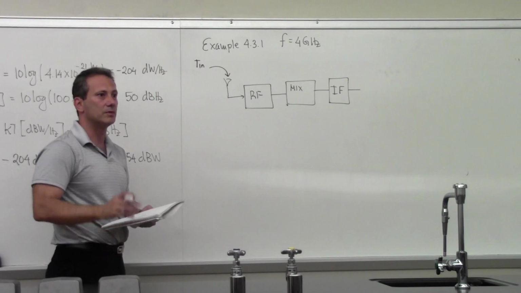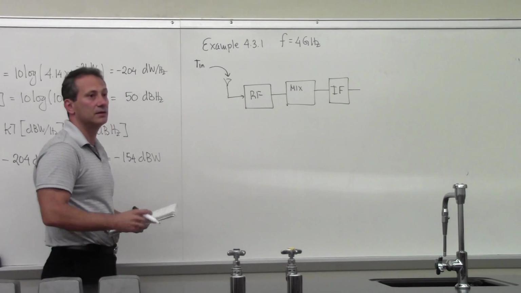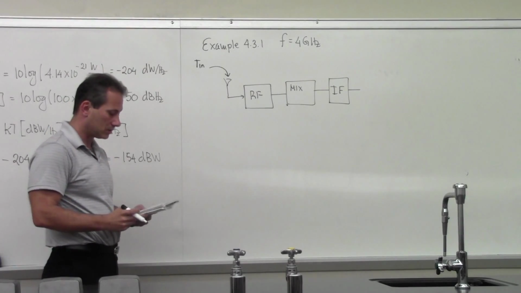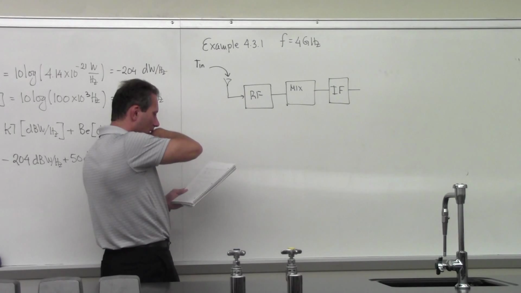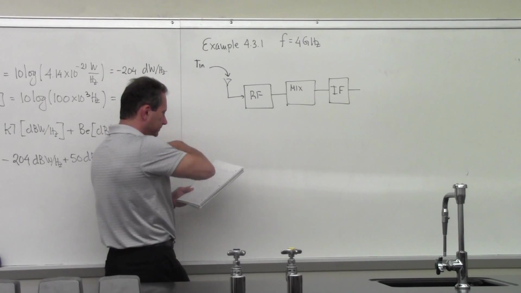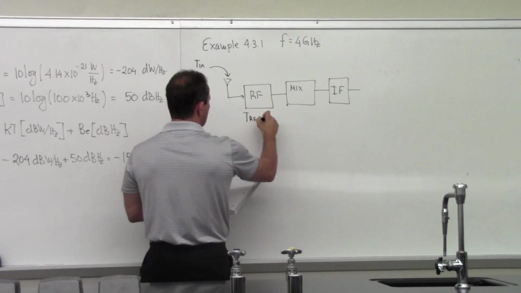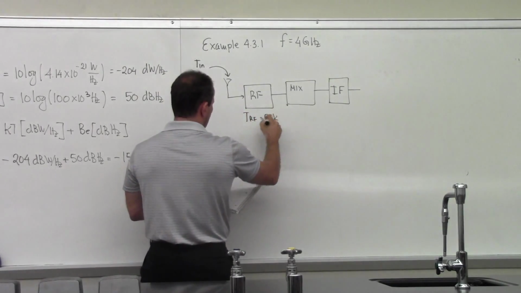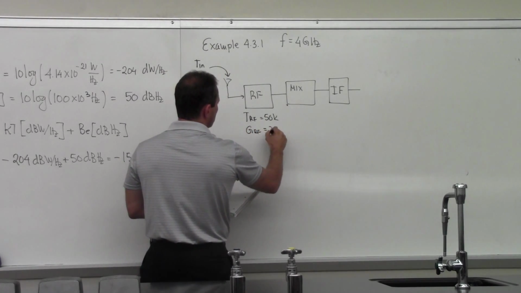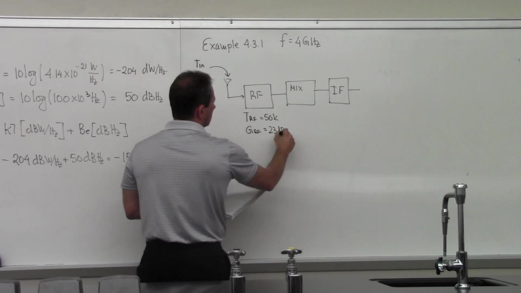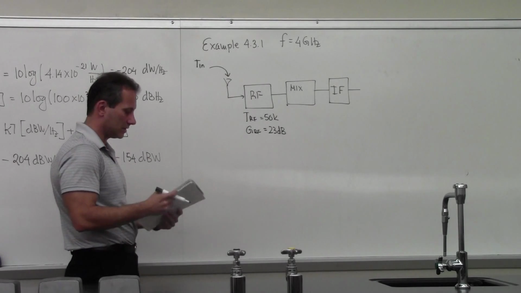That's the temperature of the background that is being seen, or sometimes it's called T antenna. What is the background radiation the antenna is looking at? Then you have T RF is 50 kelvins, and its gain is 23 dB, right? So 200 times is the gain of the RF stage.